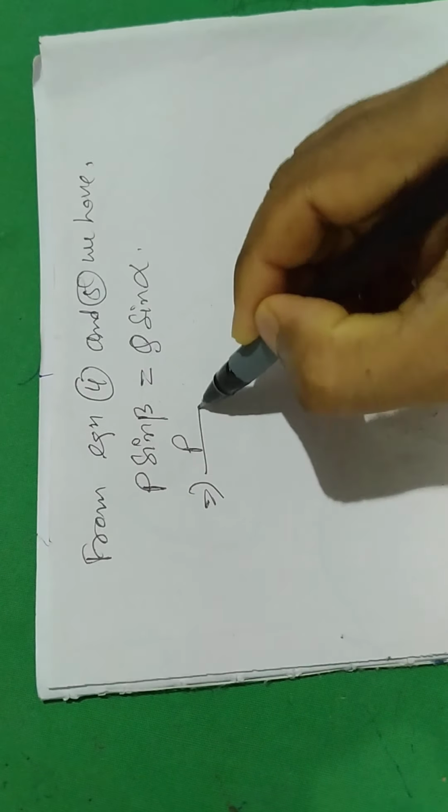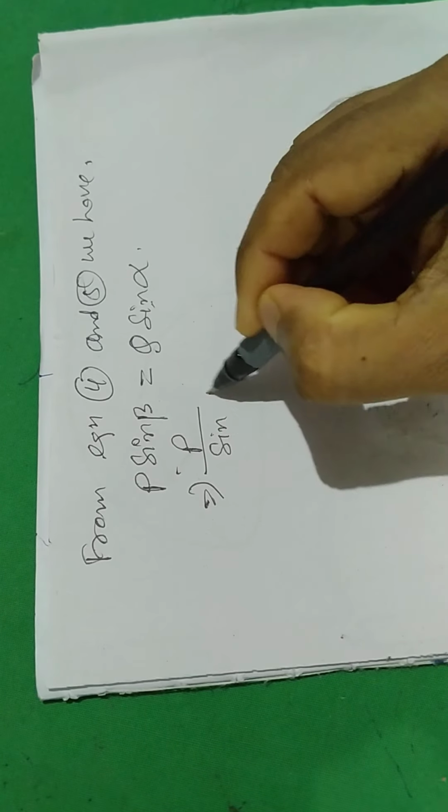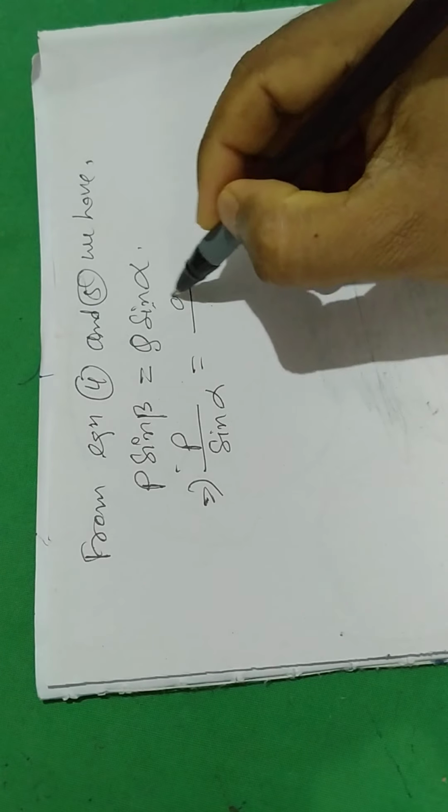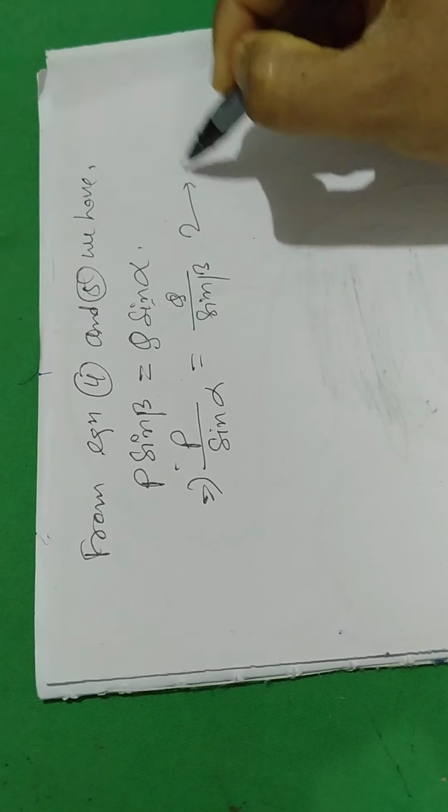Again, bringing sine alpha to the left side, P by sine alpha equals Q by sine beta. Equation number 6.